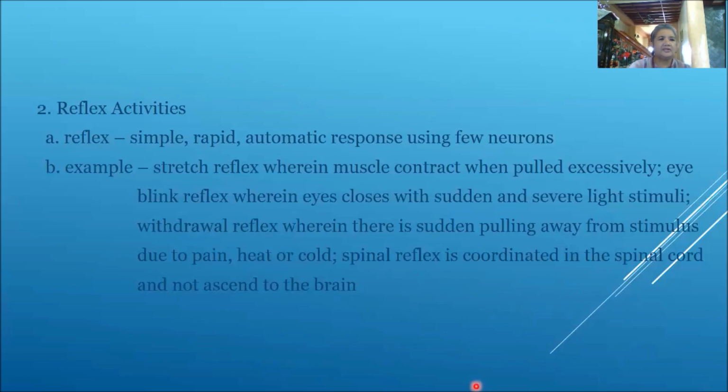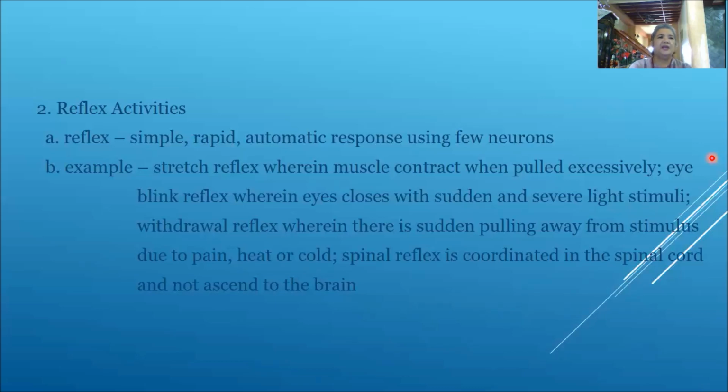Then another action is your reflex activities. And again, reflex activities are very fast. It will generate very fast action. It is simple, but it is a rapid automatic response using only a few neurons.